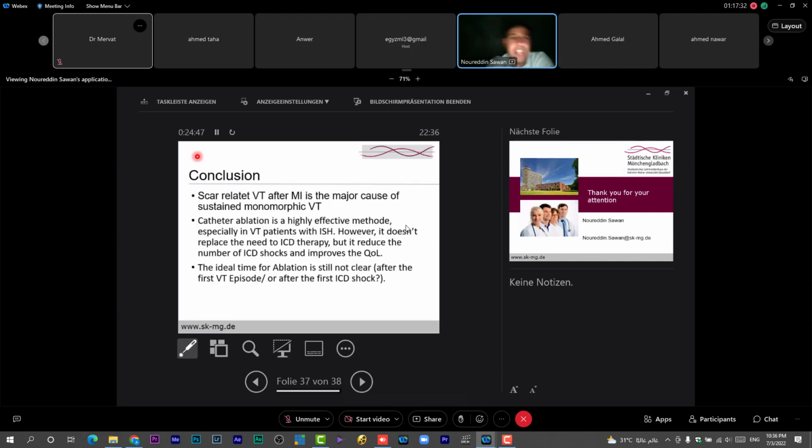So, my colleagues, I would like to conclude. Scar-related VT after myocardial infarction is the major cause of sustained monomorphic VT. Catheter ablation is a highly effective method, but it does not replace the ICD therapy, and it does not avoid sudden cardiac death.